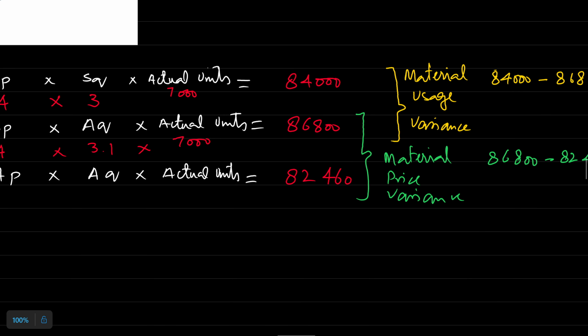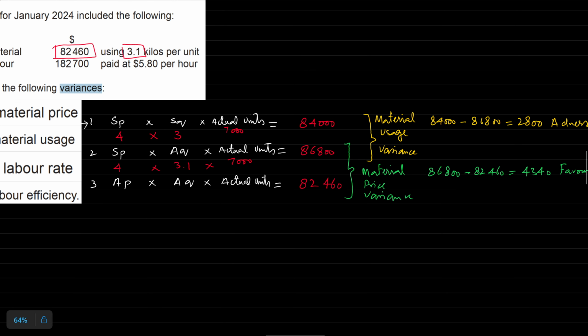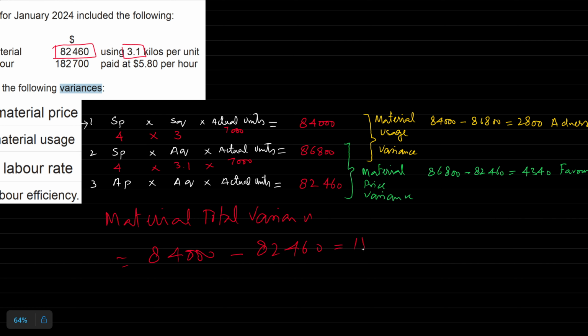Now students, sometimes you are asked to calculate material total variance. It will be the difference of the first and third line, 84,000 minus 82,460, which is equal to 1,540 favorable.